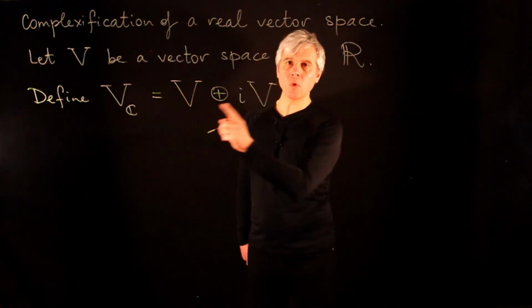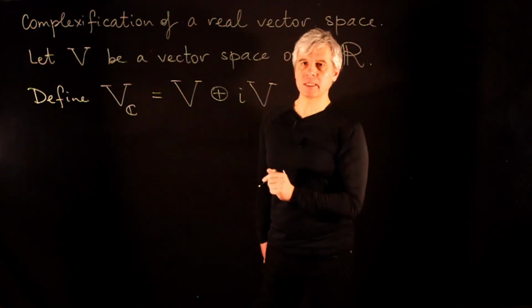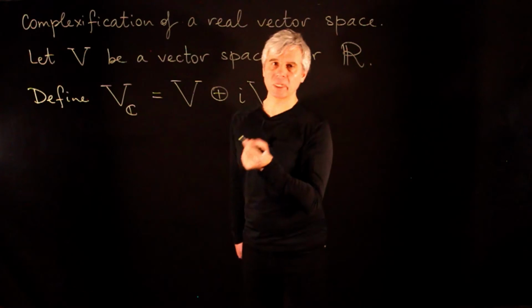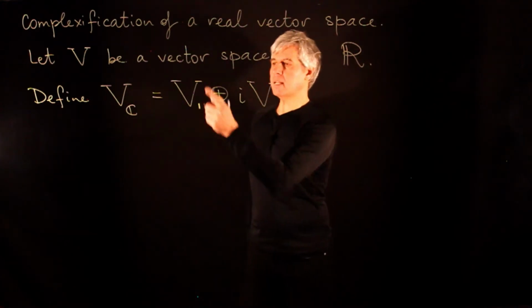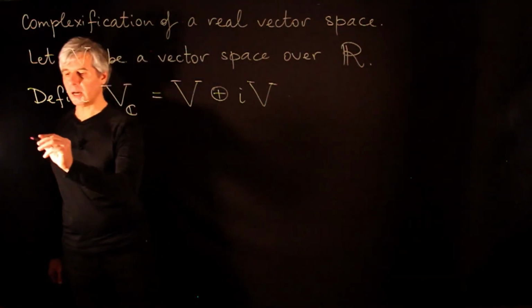Essentially, we take two copies of V, only one of these copies we decorate with the symbol i. This tells us that every vector in V_C will have two parts, a real part and an imaginary part. Let's give a couple of examples.